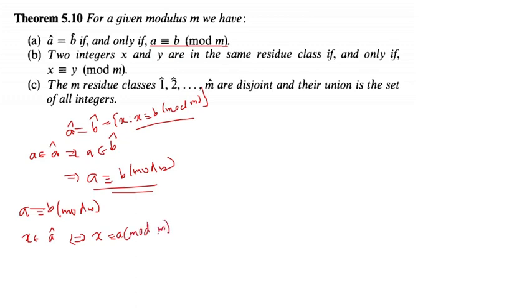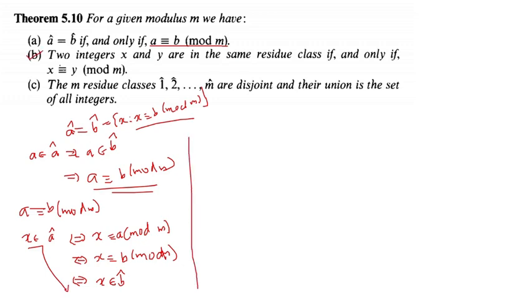If x belongs to A cap, then x is congruent to A mod M. If x is congruent to A mod M, then x must belong to A cap. Then, if and only if x is congruent to B mod M, because A is congruent to B mod M. Therefore, x is congruent to B mod M. x congruent to B mod M if and only if x belongs to B cap, by the definition of B cap. Therefore, we get A cap equals B cap.